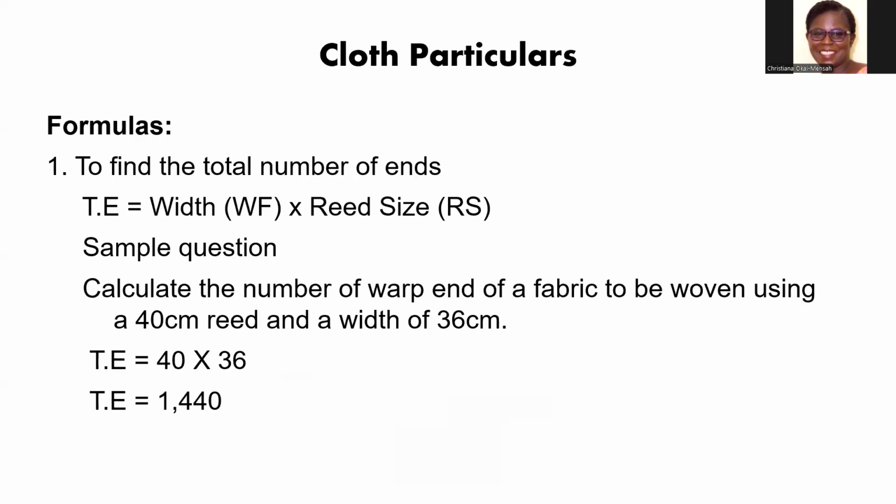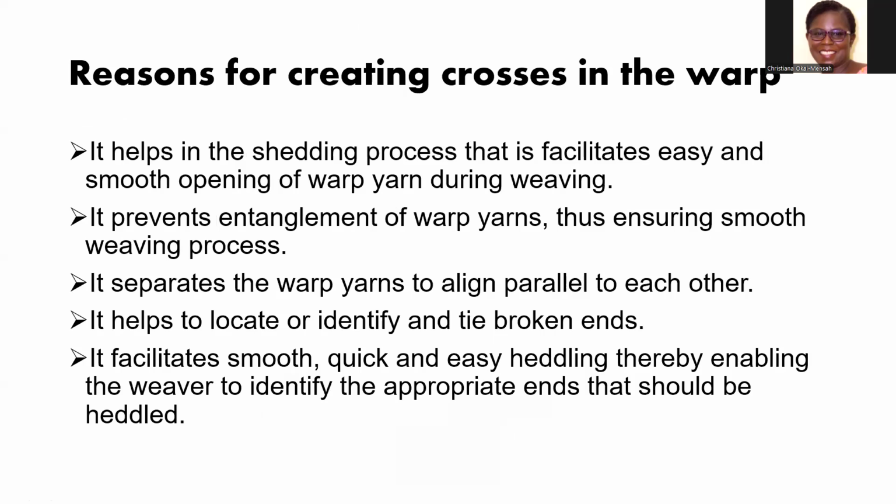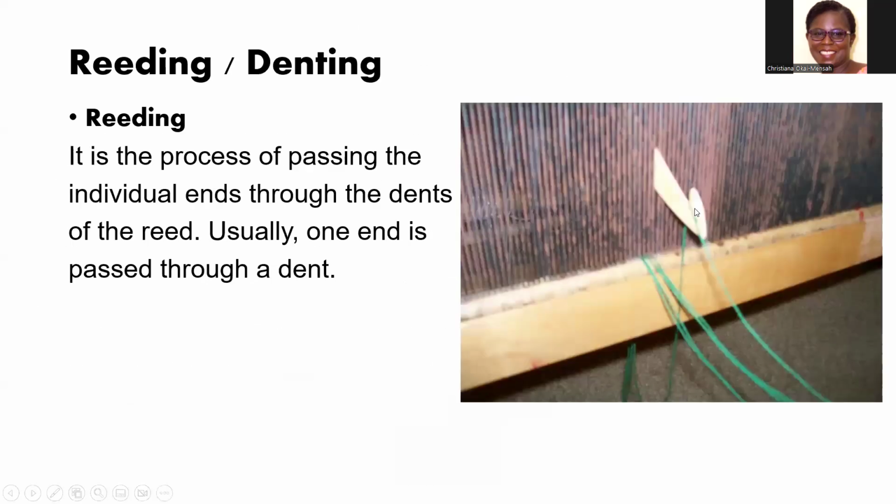So to know the reed, you are supposed to take. So what is the reed I'm talking about? I think I need to show you the reed. This is the reed. And that will help you to know the width. So the width of the fabric is determined by the reed that you are going to use. So if you want a 36-inch width, then you measure 36 on the reed.